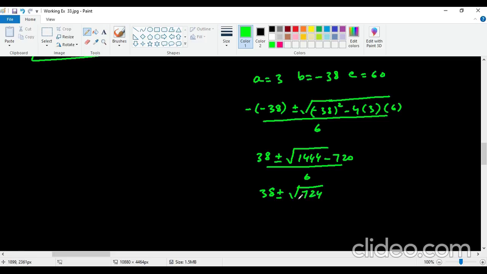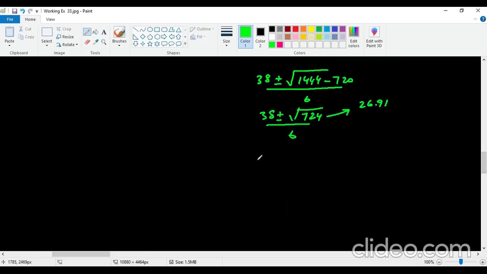The value of this is going to be 26.91. So I will use this value, 38 plus 26.91 over 6, and second value I will use 38 minus 26.91 over 6.